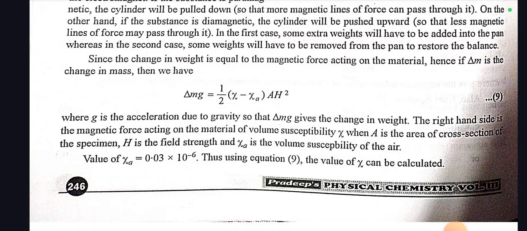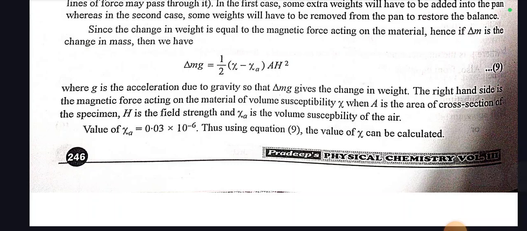Hence, if delta m is the change in mass, then we have delta m g is equal to half the difference of magnetic susceptibilities times A H square, where g is the acceleration due to gravity, so that delta m g gives the change in weight.